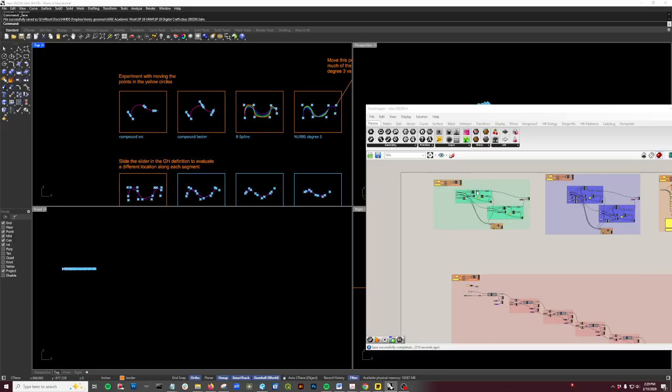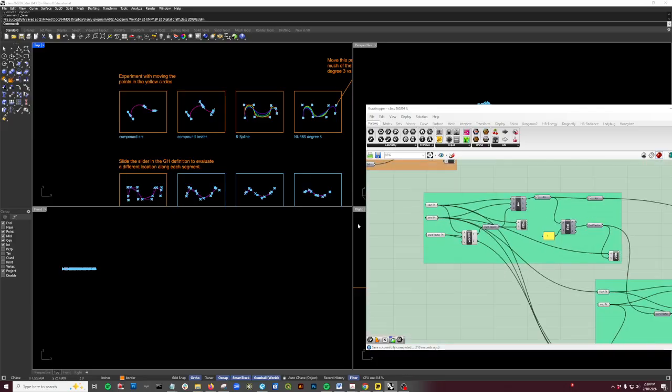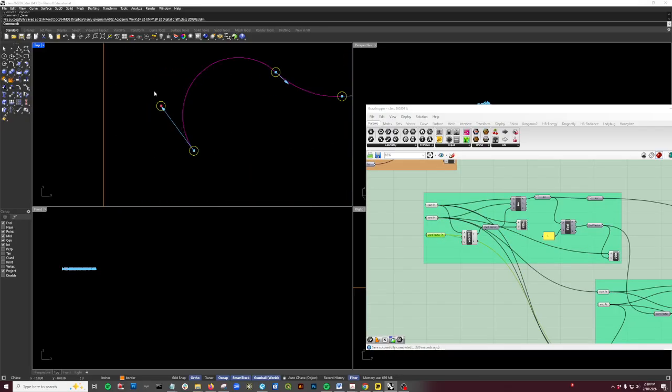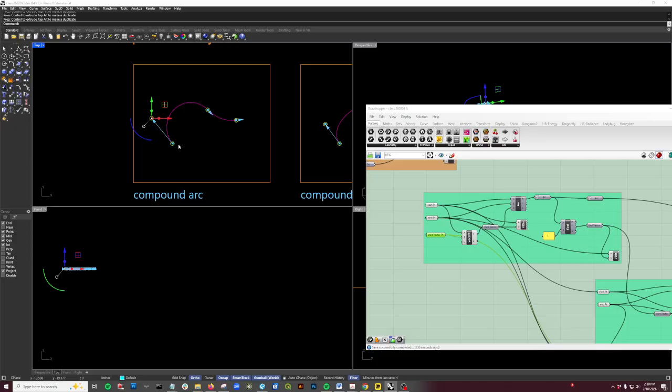So right here, this is the Grasshopper definition to produce the compound arc. We have a start point, endpoint, and start vector, and you can see that if we change the vector of the start, the whole curve updates.